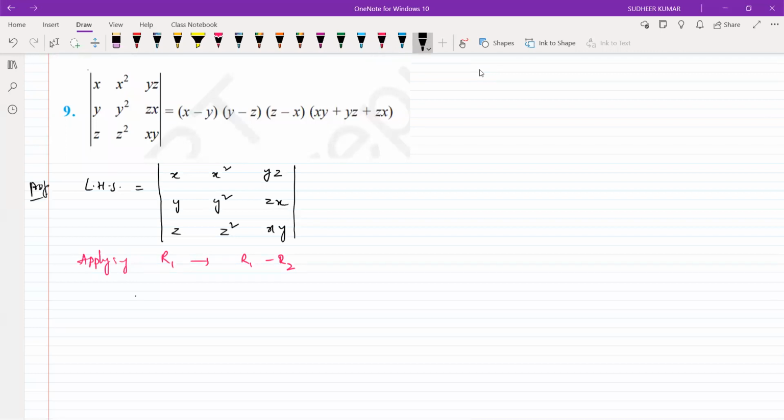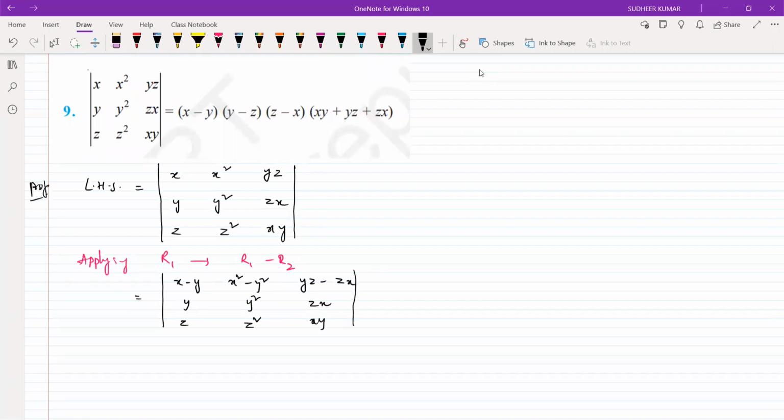So only R1 is going to be changed: x minus y, x square minus y square, yz minus zx. The remaining rows remain the same: y, y square, zx; z, z square, xy.